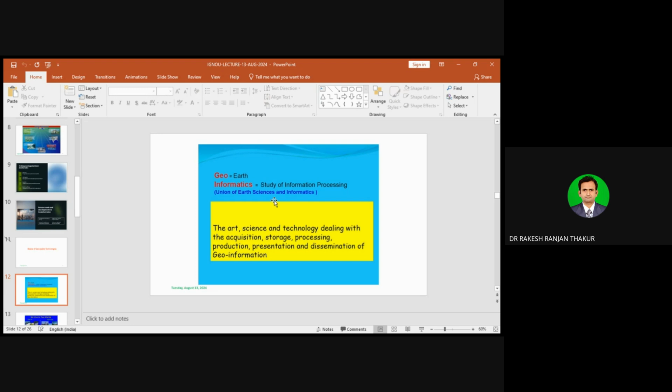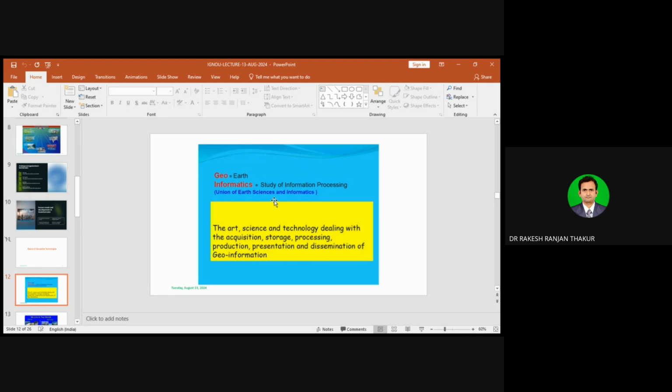For example, a person staying in a coastal village: if a tsunami warning, flood information, or cyclone warning does not reach the end user, then I don't think there is any utility in using this technology of remote sensing and GIS.